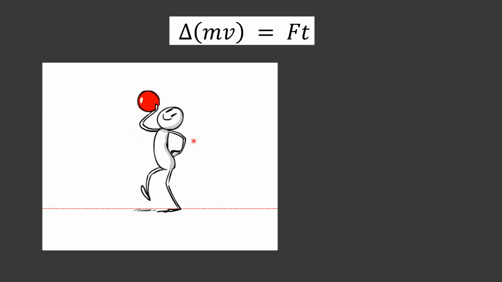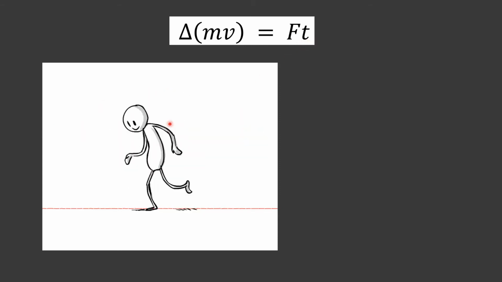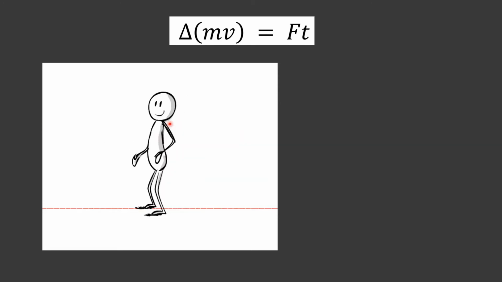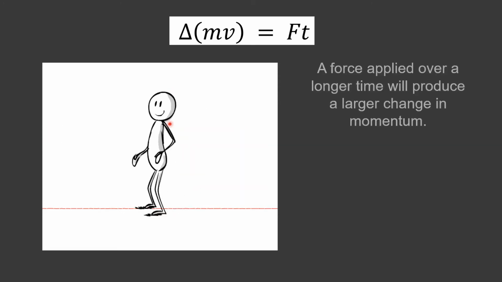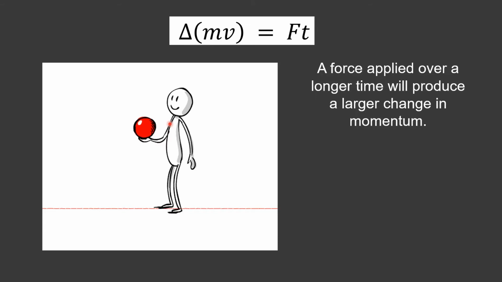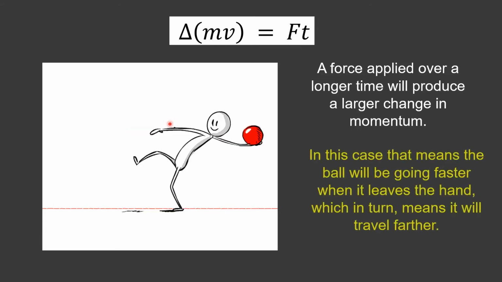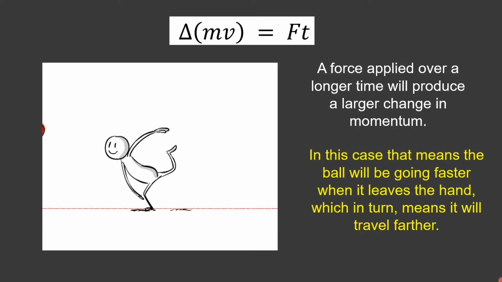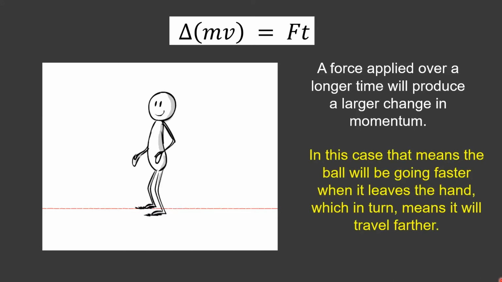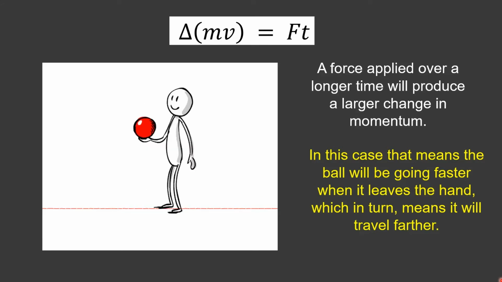So in this case, the wind-up doesn't really increase our force so much, it increases our time. I'm going to state that formally: a force applied over a longer time will produce a larger change in momentum. In this specific example, it means that the ball will be going faster when it leaves the hand, which really means it's going to travel further.